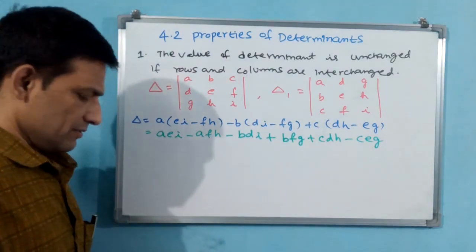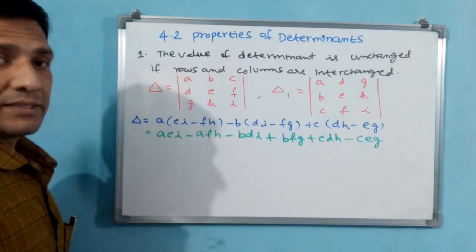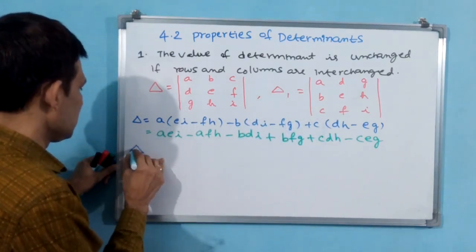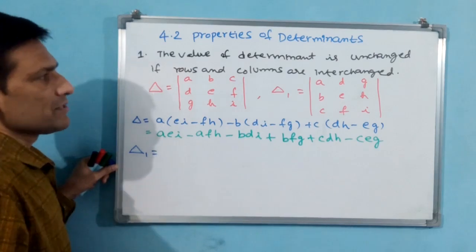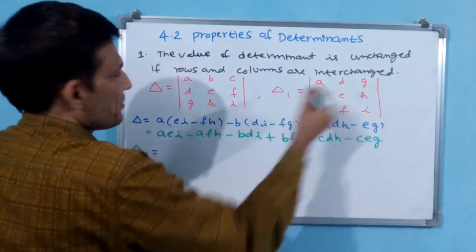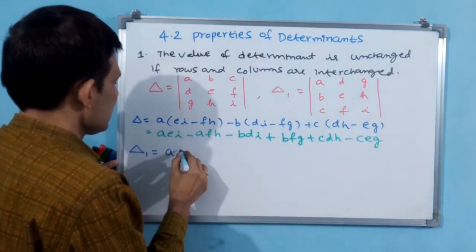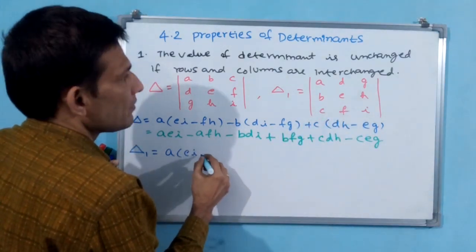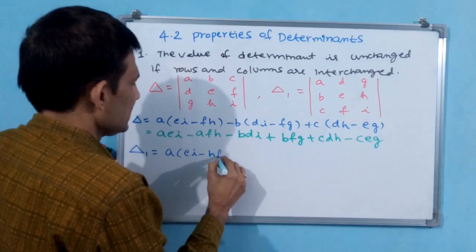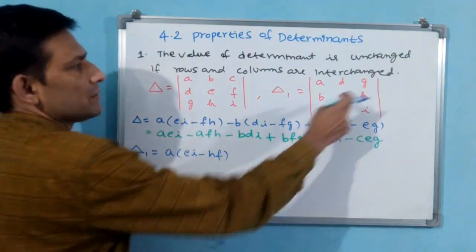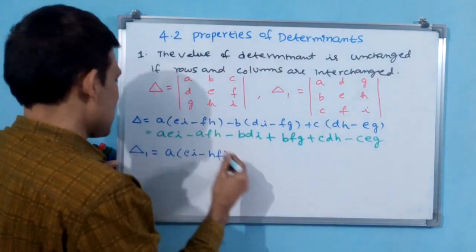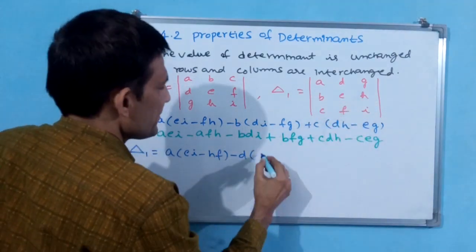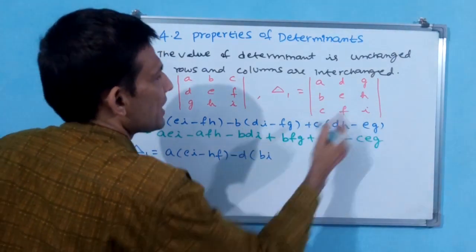Minus CEG. Okay. Now let us see delta 1. Delta 1 is equal to A into EI minus HF. Minus D into BI minus CH.